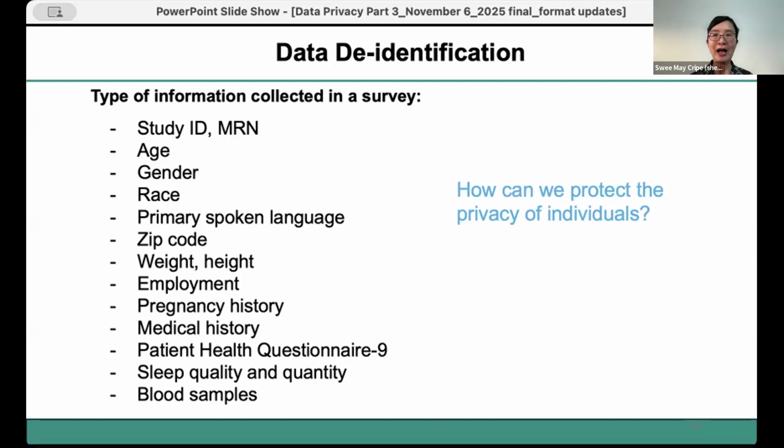Yes. So the data set does not have names. However, we do have the medical record number, and with the medical record number, I can find out who the individual is. In a situation like this, I have multiple data sets: the blood sample data, the survey or interview data, and medical chart abstraction data.